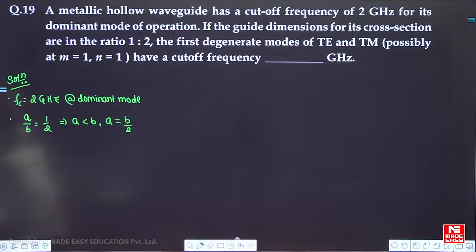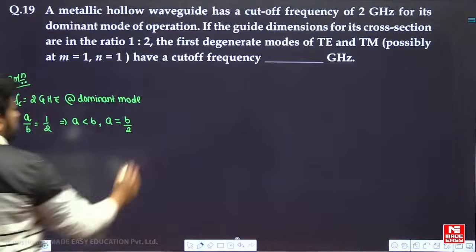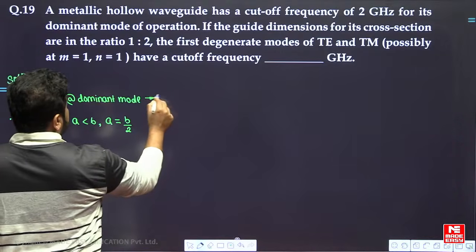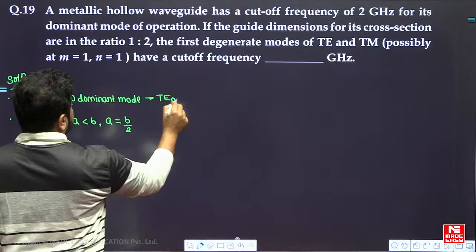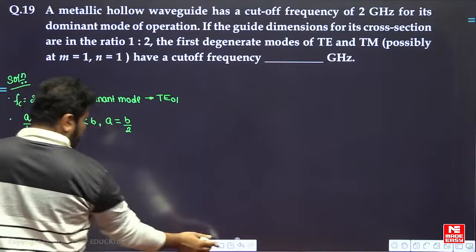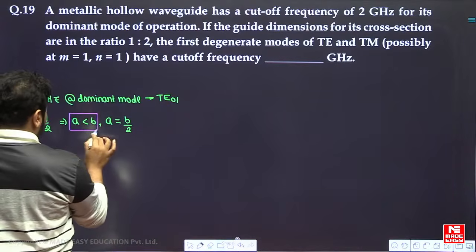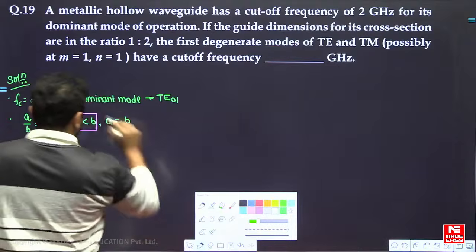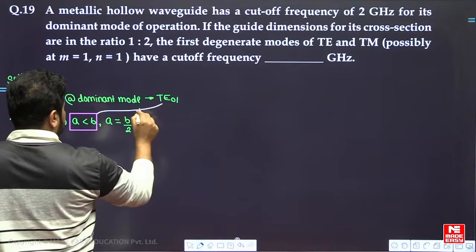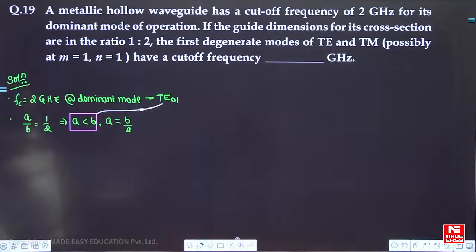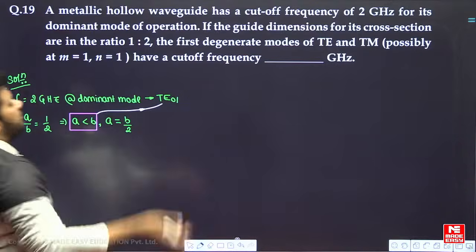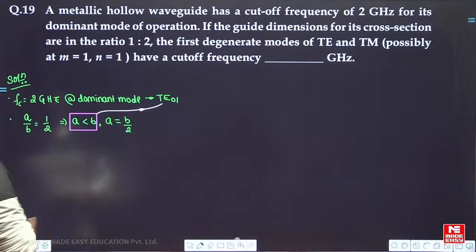A by B ratio is 1/2, that means B is larger, so A is smaller. So the dominant mode in this case will become TE01, right.